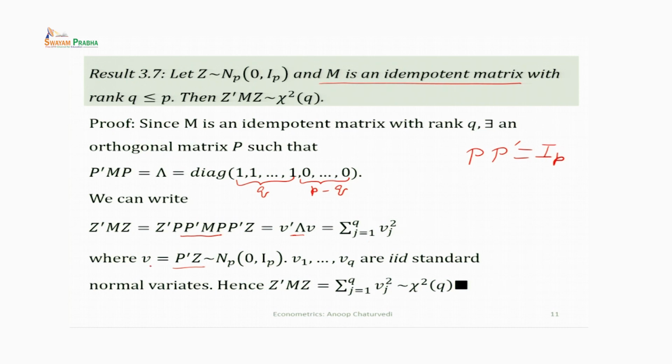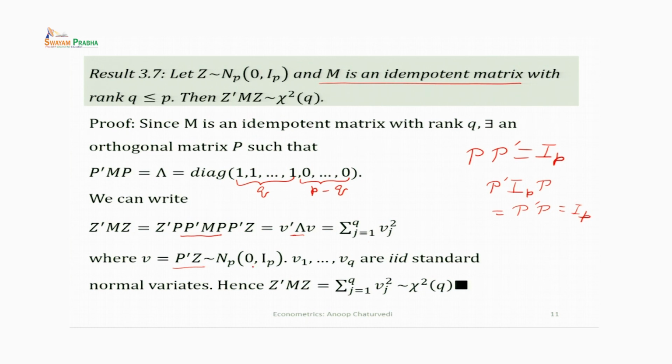Again, if you consider the distribution of V, then V also follows a p-variate normal distribution. It has mean vector the same as the mean vector of Z, which is 0, and the variance covariance matrix is P transpose times the variance covariance matrix of Z, which is I_p, times P. This is equal to P transpose P, which is I_p.